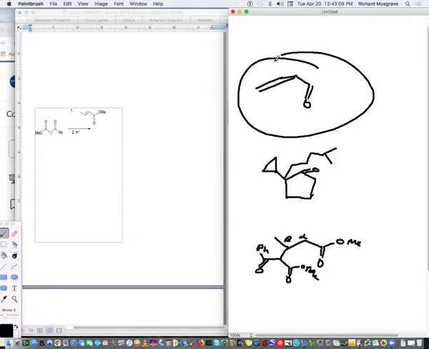It doesn't have to be an ester. It could be anything. It's going to have a C=C double bond in conjugation with the C=O double bond. Okay, thank you. That's what you're looking for. All right, any other questions?